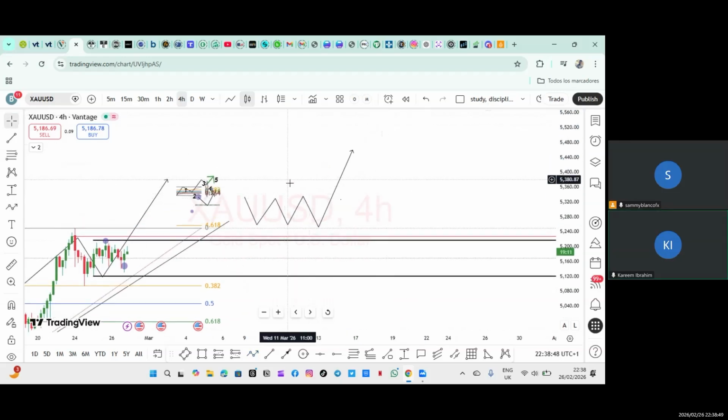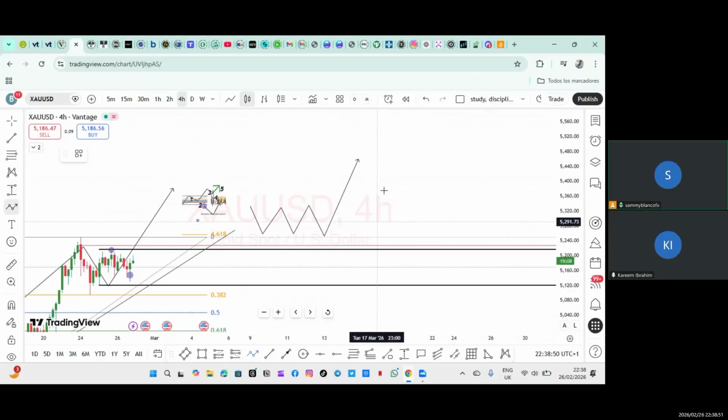But normally ABC is what the market usually does: A, then B consolidation, then C, and then either continue to the downside or continue to the upside.